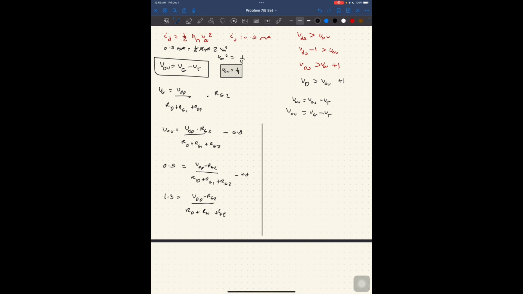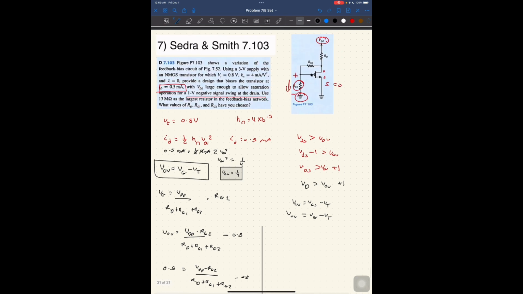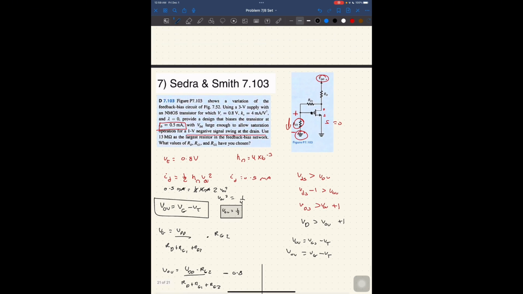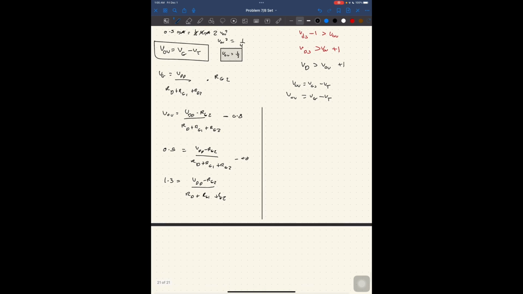We leave this, we continue to the next part, which is to say, what is VD? It says 3-volt supply, right?